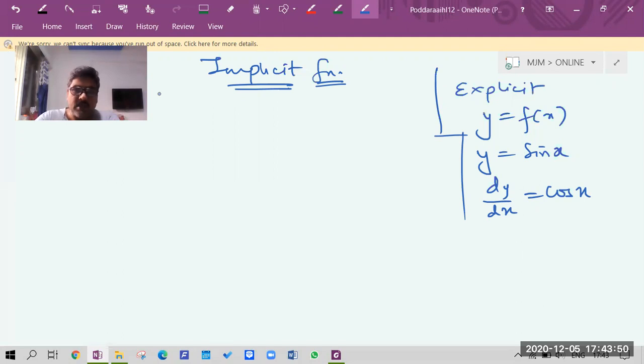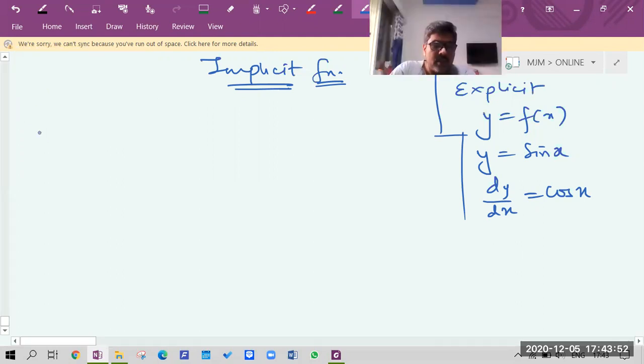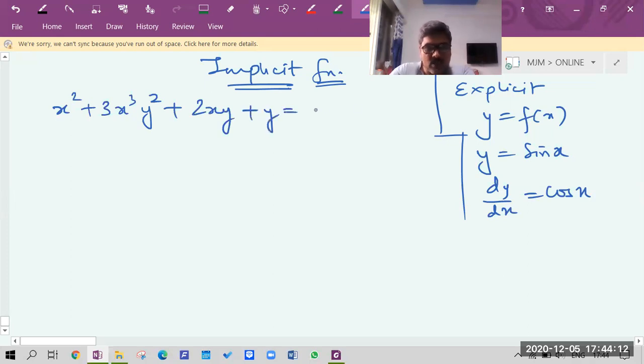So when you see them, here you have a formula. For example, let me just put an example directly. You actually don't require questions from the book. I'll make questions as and when wanted. So just see this. You have x square plus 3x cube y square plus 2xy plus y equal to 7x square y.